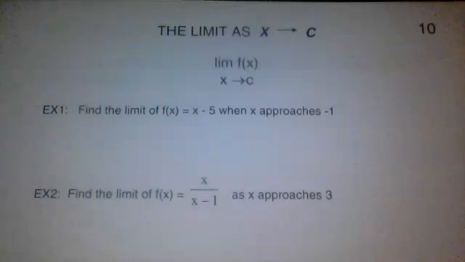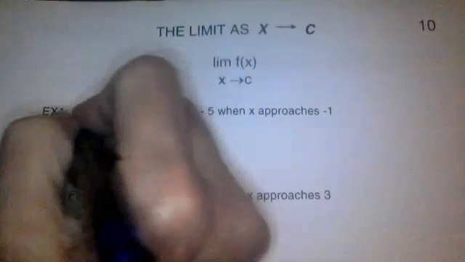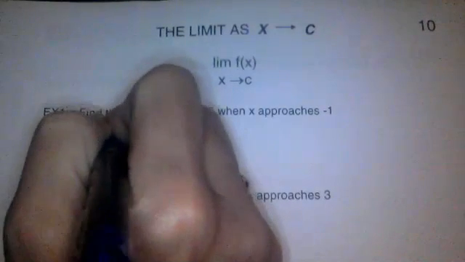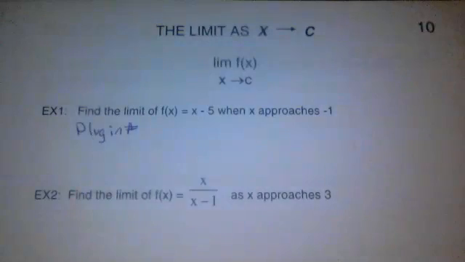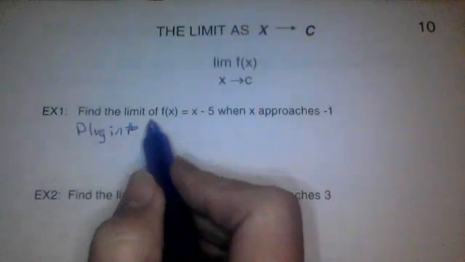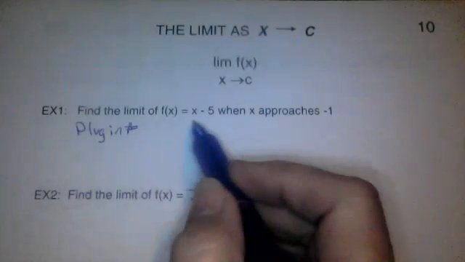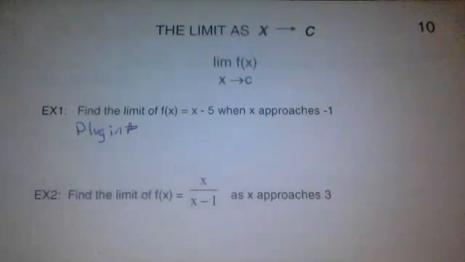The first one is just to plug in the number. So we're going to just try plugging in the number. This says find the limit of f of x equals x minus 5 when x approaches negative 1. Let's practice writing that as a limit first.